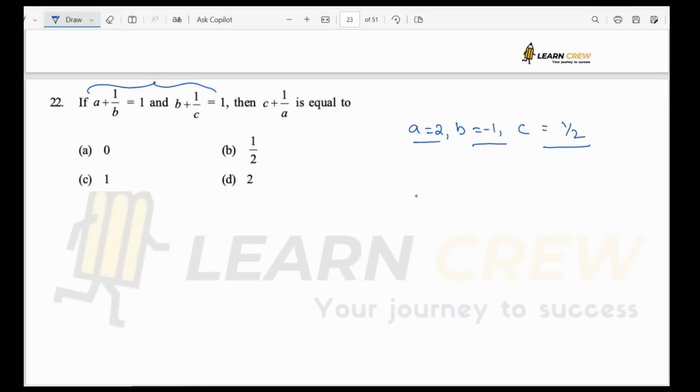Thereby, I require c plus 1 by a. c is 1 by 2 and a is 2. 1 by 2 plus 1 by 2, how much? 1. Is it clear or not? The procedure is again lengthy, should not bother about it.